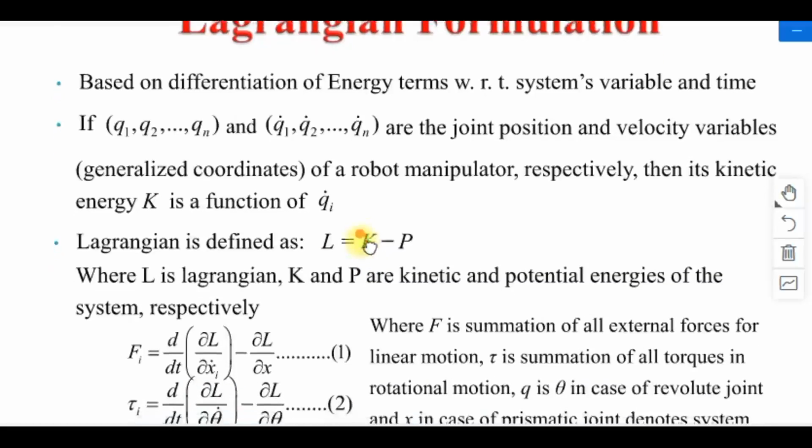In the case of a revolute joint, it becomes theta 1, theta 2, theta n, theta 1 dot, theta 2 dot, and theta n dot. Or in the case of a prismatic joint, it becomes x1, x2, xn, x1 dot, x2 dot, xn dot.